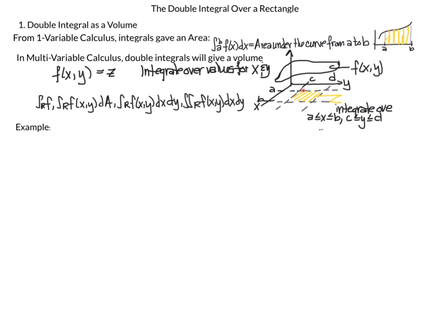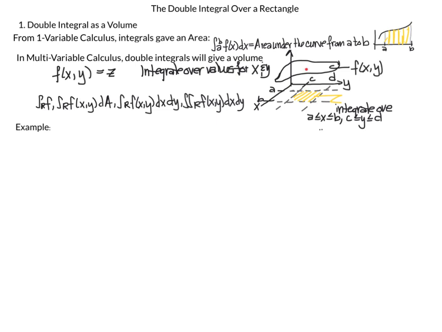Similarly, now in vector calculus, we're going to have our variables x and y, and we'll have a function of x and y that gives us a surface z that hovers over the xy plane. We're going to integrate over the domain, letting x vary between a and b and y vary between c and d.